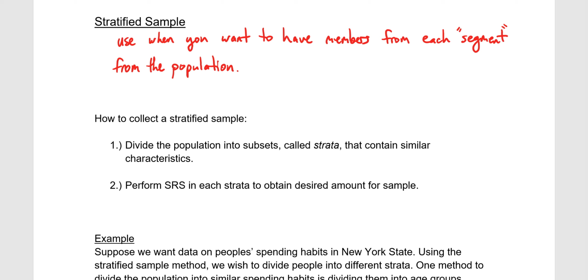These subsets are called strata, and the individuals or members contained in the same strata are going to have similar characteristics. So once we have the population divided into strata, we perform an SRS, what we just did, in each strata individually to obtain the desired amount for each sample.